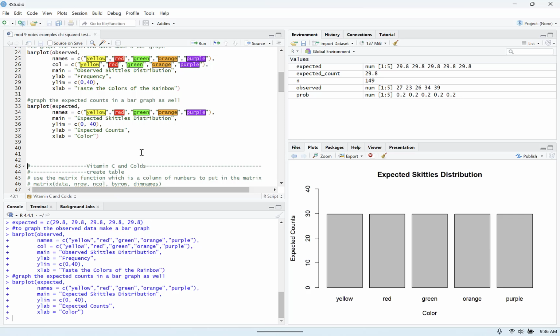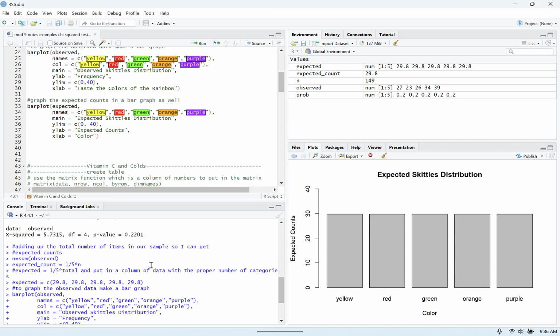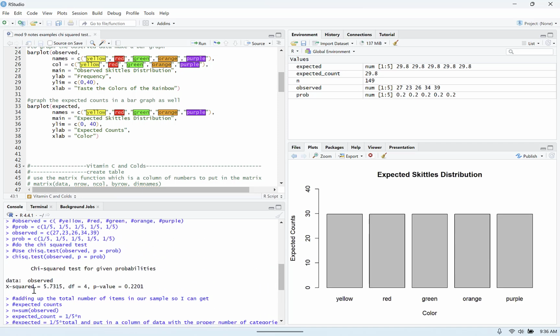All right, so I have expected counts, I have both of my graphs, and now what I need is that p-value. And we got that p-value up here when we did our chi-square test. The chi-square test gives me a chi-squared test statistic.